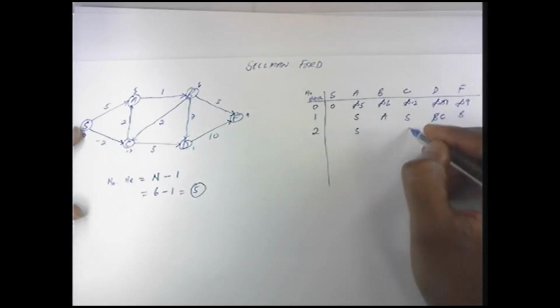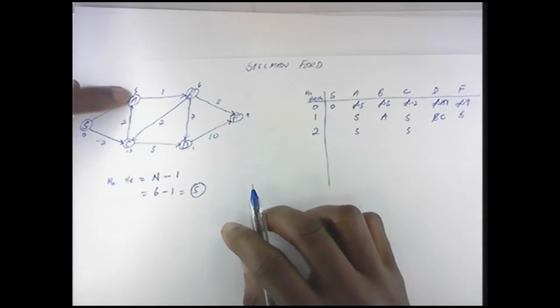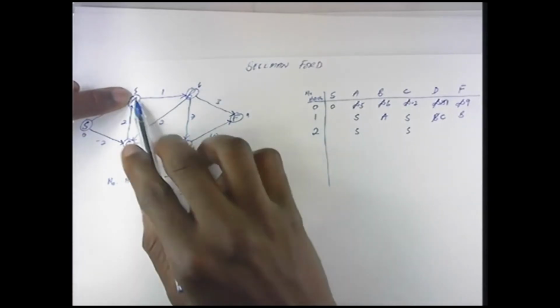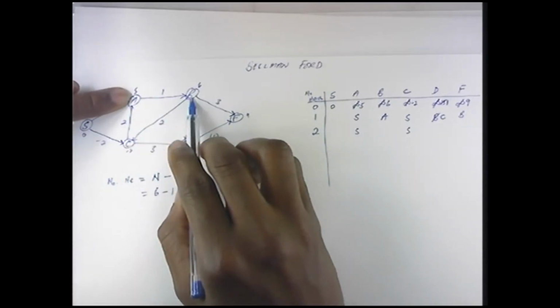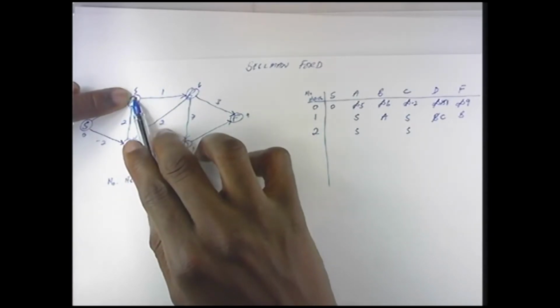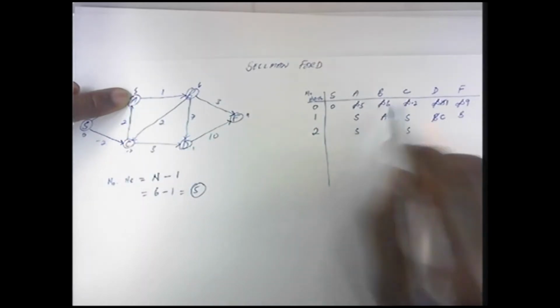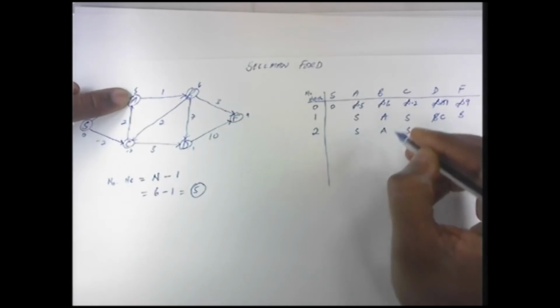And this is also maintaining its predecessor. Now let's go to A. A has one outgoing link to B at a cost of 1. 1 plus 5 is 6. Fortunately, the cost at B is still 6, so it doesn't change.